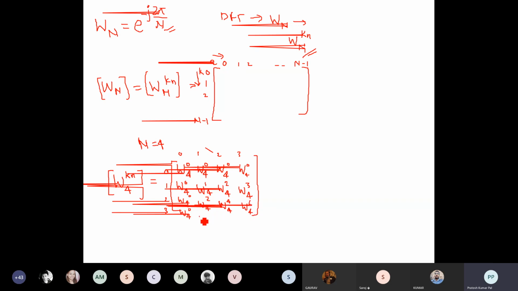And again this term will be W4 to the power 3 into 1, that is 3. W4 to the power 3 into 2, that is 6. This is W4 to the power 3 into 3, that is 9.